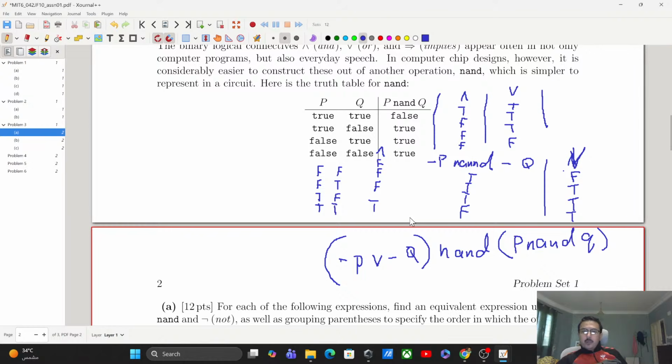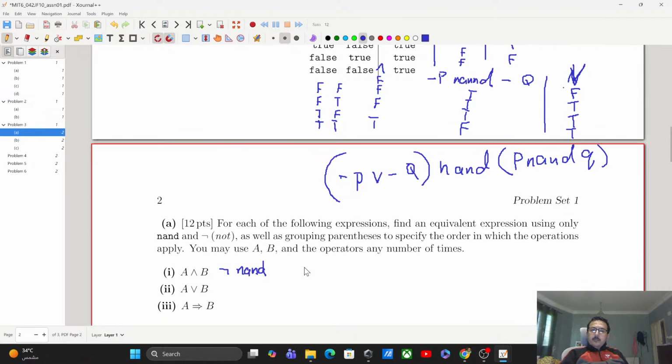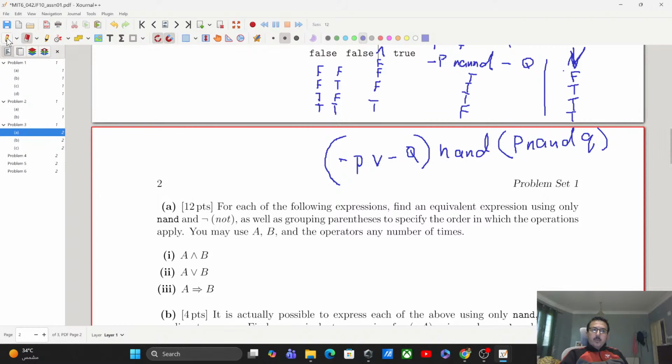So this one is not P or not Q, and P and Q.